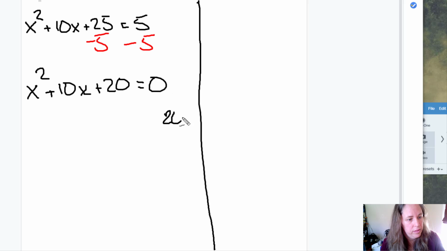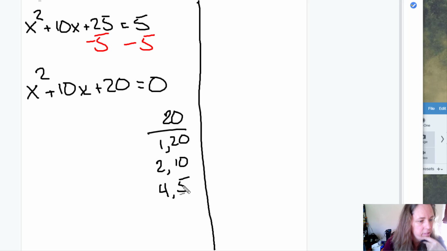And then we list our factors of 20: 1 and 20, 2 and 10, 4 and 5. Did I miss any factors? No, okay. The 20 is positive, so we're looking to add these factors to get 10. That's 21, that's 12, that's 9. Huh.